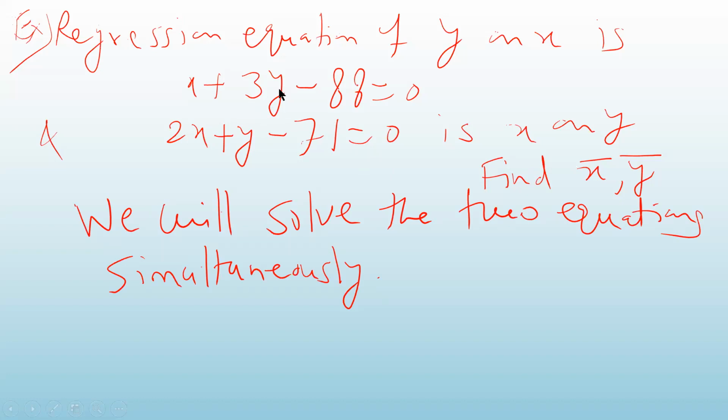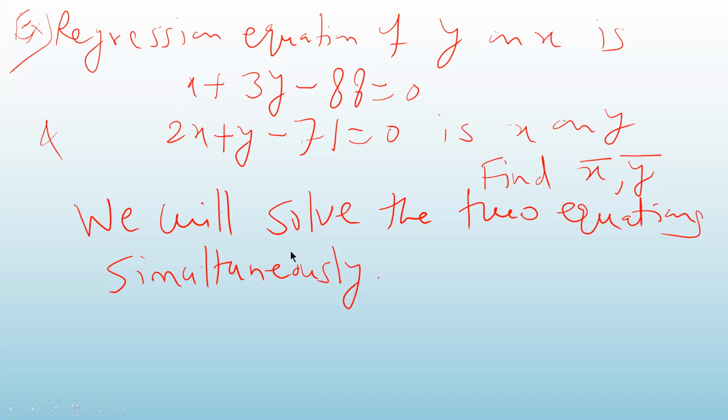So we have to make the coefficient of x in both equations the same, or the coefficient of y the same. Look at these two equations. In this equation, the coefficient of x is 1 and here it is 2. So if I multiply the first equation by 2, the coefficient of x will become the same.